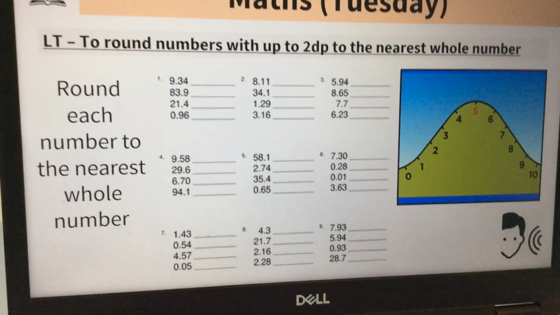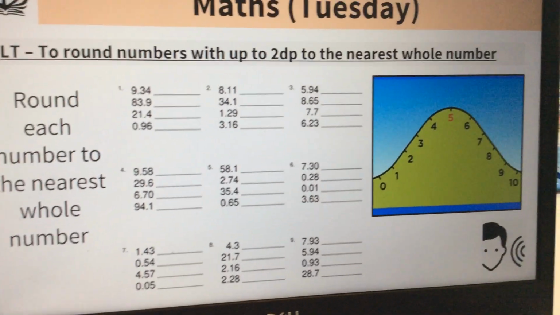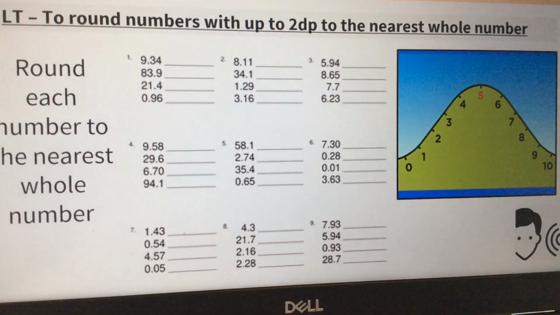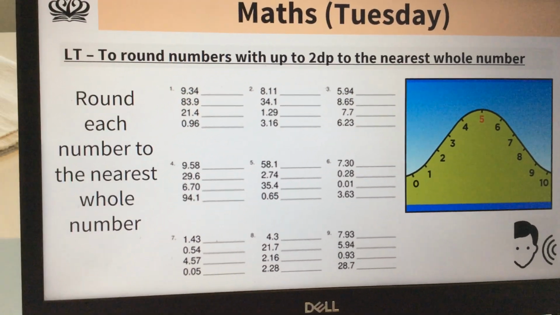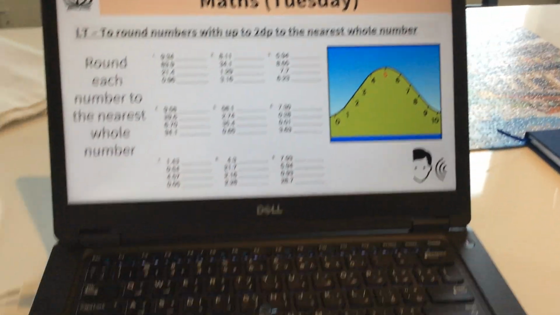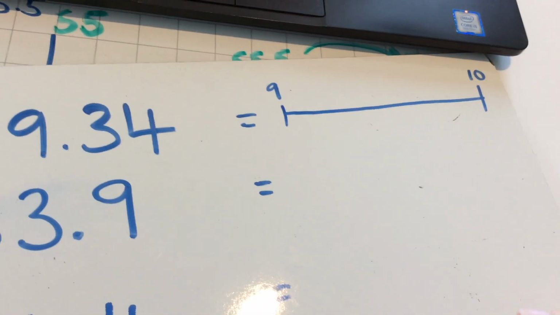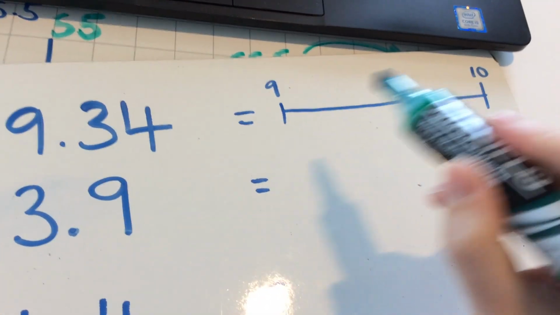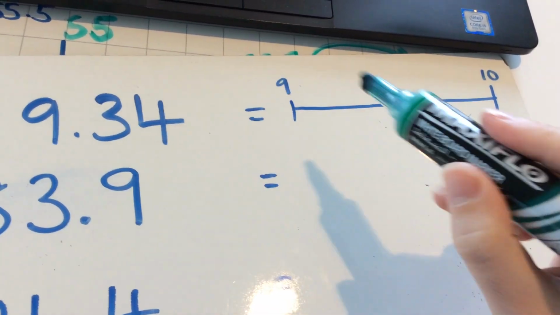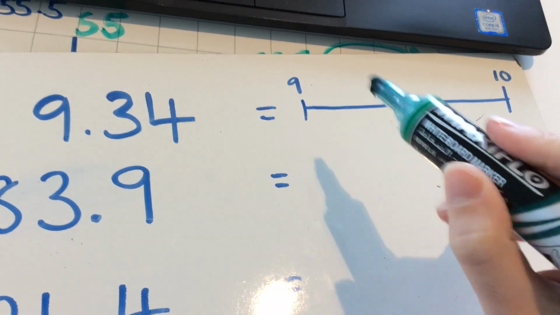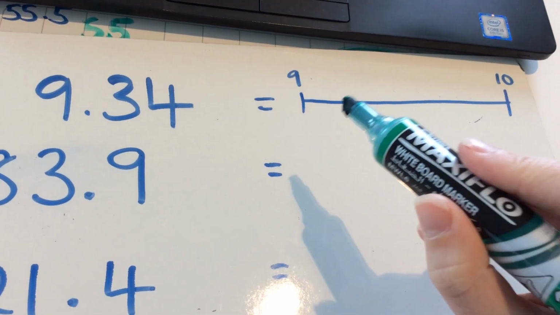Right. Now, once you've done those ones, you've then got this page to work through. If it helps, you might want to do the same again and draw a little number line for each one. Put in where you think that 9.34 would be and look at whether it's closer to 9 or 10.